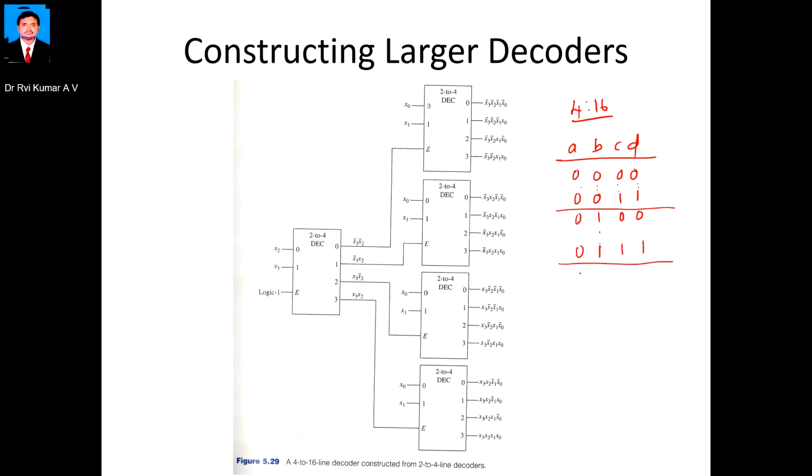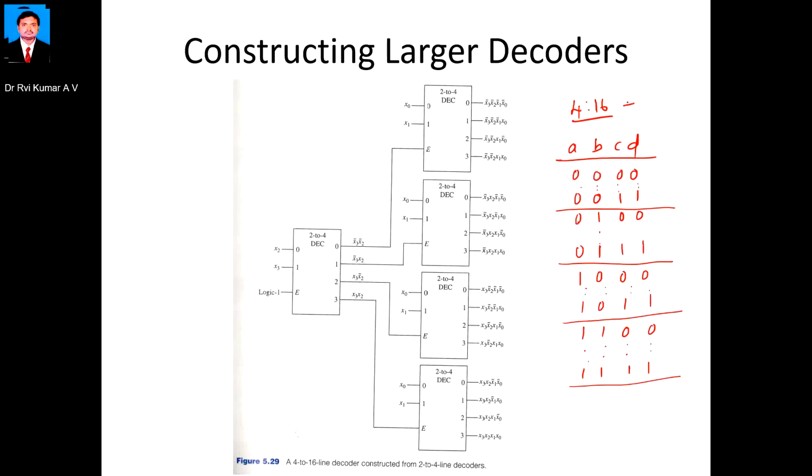This is another combination, and we take 1 0 0 0 to 1 0 1 1. This is another combination, and we have 1 1 0 0 to 1 1 1 1. This is another combination. So with 4 inputs, the values vary from 0 to 15.